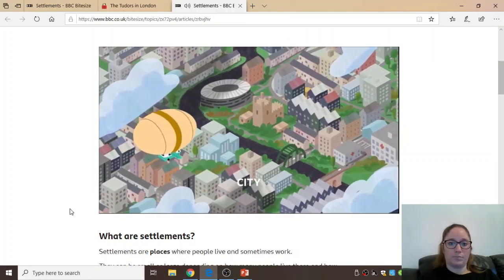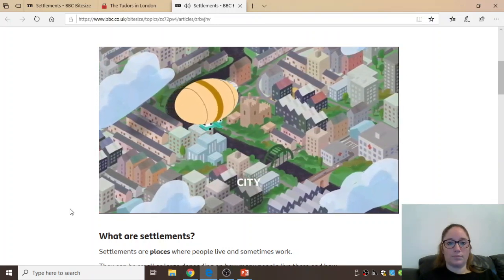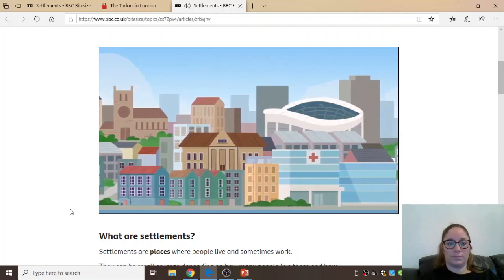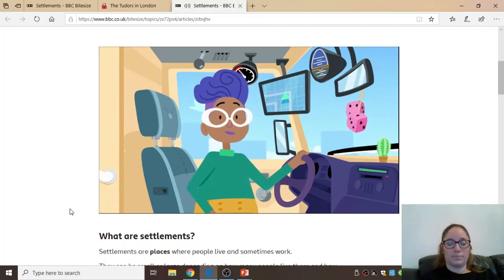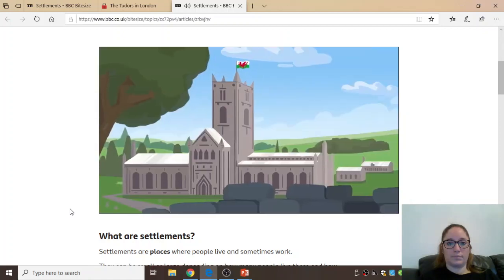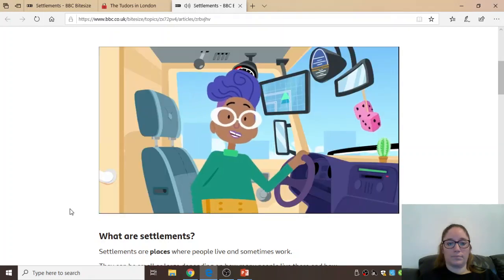And this is a city. There are lots of buildings and people. There's a cathedral, a sports stadium, and large buildings such as universities and hospitals. Strangely, if a settlement has a cathedral, it's also called a city, even if it's not very big, like St David's in South Wales.